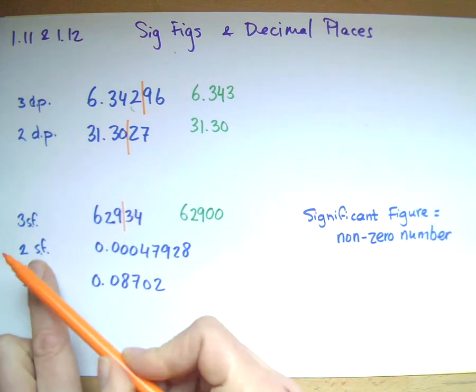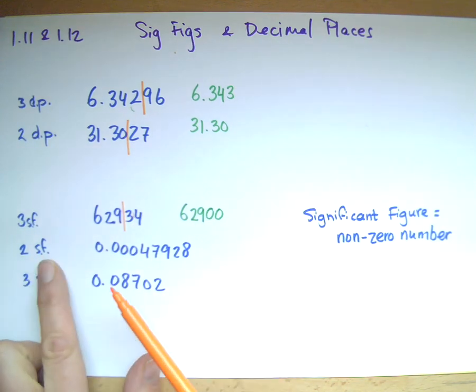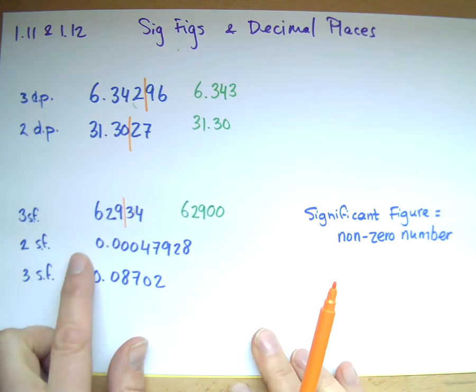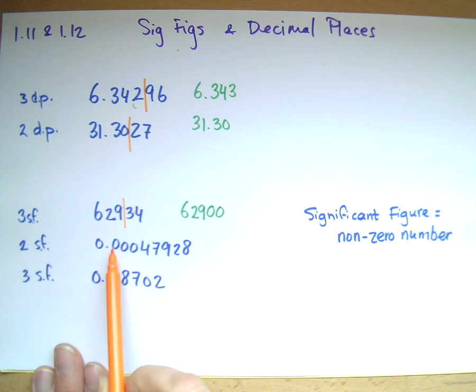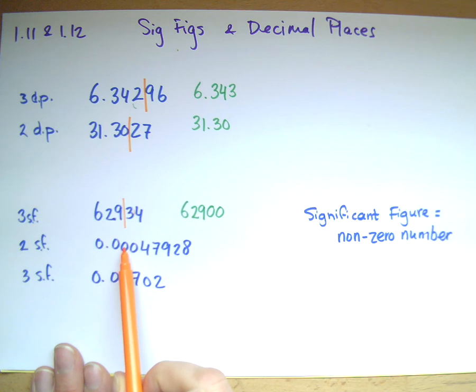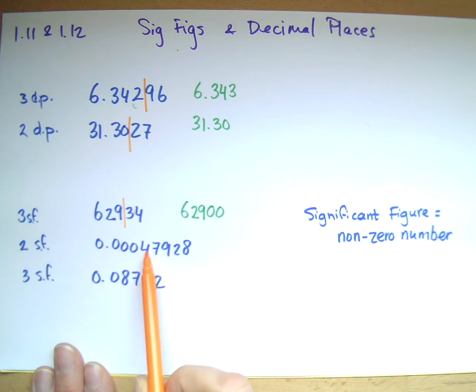Okay, let's do this one. We're allowed 2 significant figures here. So we start looking from the left and we count the significant figures. These are all zeros, so not significant, not significant, not significant. This is the first significant figure, the 4. So 1 and 2.